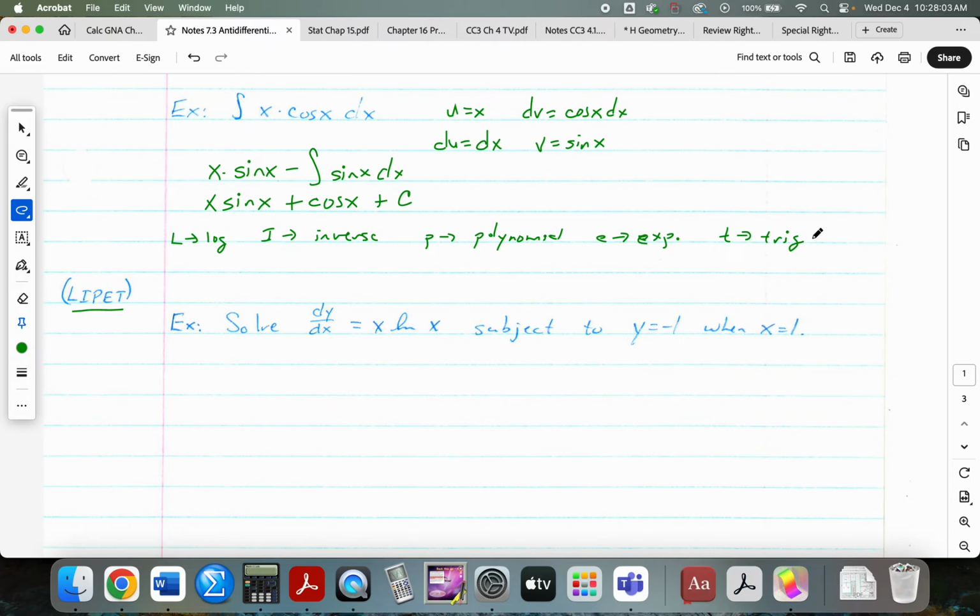This is the order in which you should decide what u is.